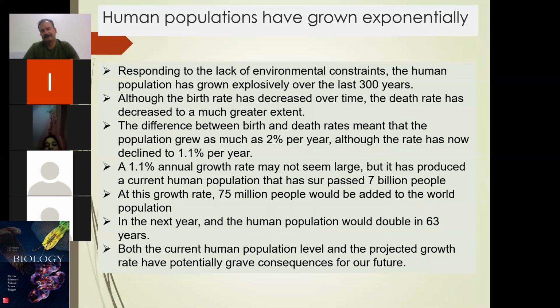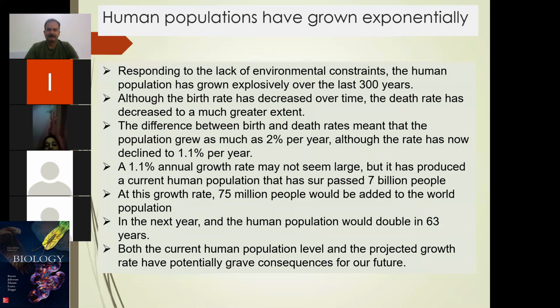In the past, the growth rate was about 4%, which decreased to 2%, and now it has declined to 1.1% per year. But still in developing countries like Pakistan, India, Bangladesh, Kenya, and other African countries, this growth rate is still around 2%.